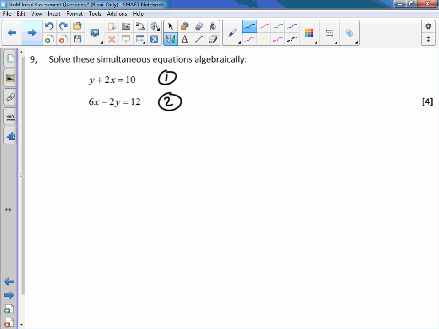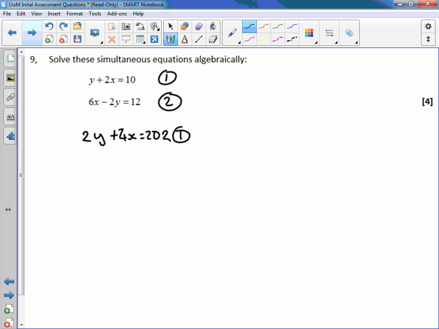So what have we got? If I were to multiply equation 1 by 2, that would give me 2 lots of y. So I've got 2 lots of equation 1. That gives me 2y plus 4x equals 20.